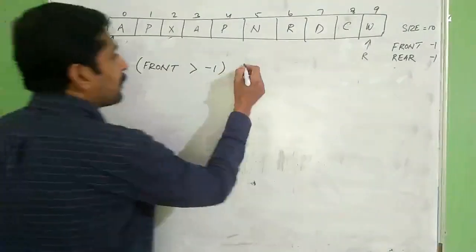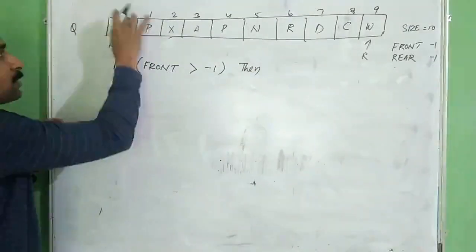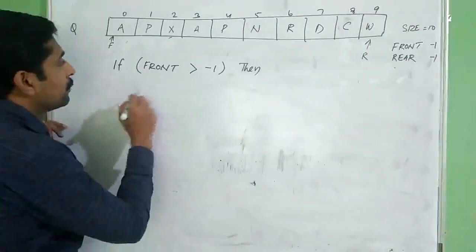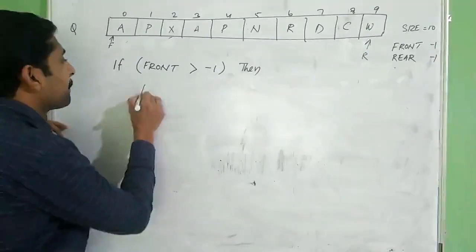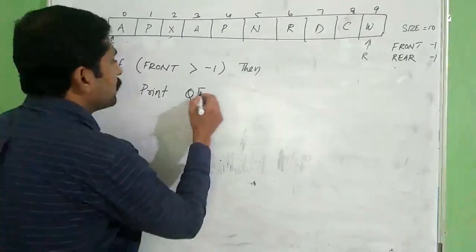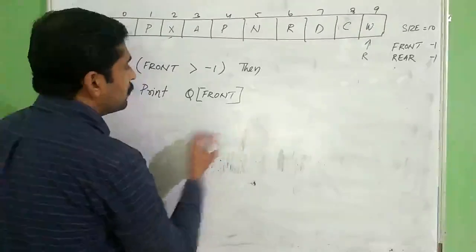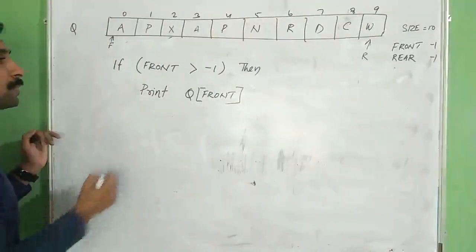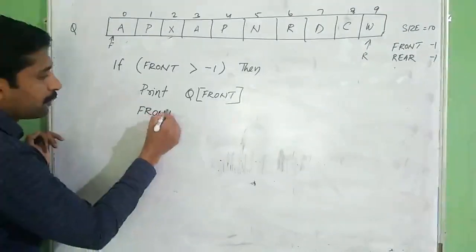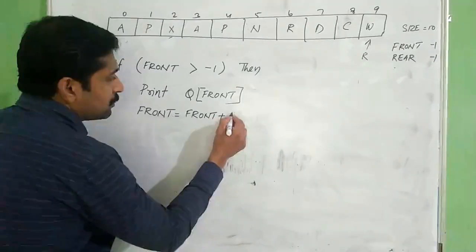If front greater than -1, then what we have to do? The item at the front will be deleted. So we have to print, say, print q of front. Now front is to be incremented. Front equal to front plus 1.